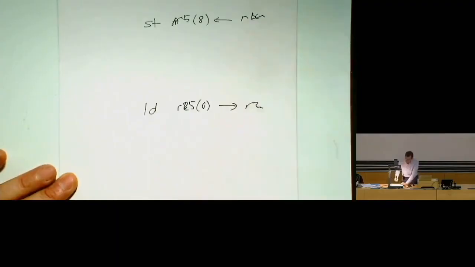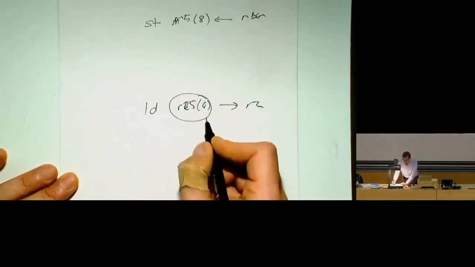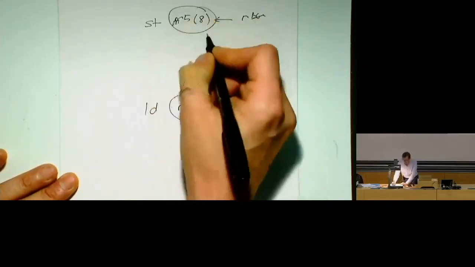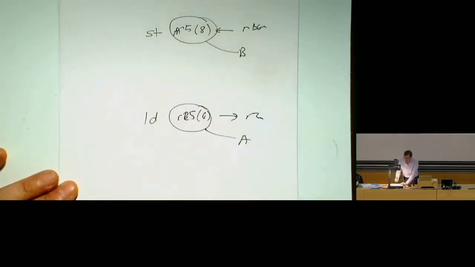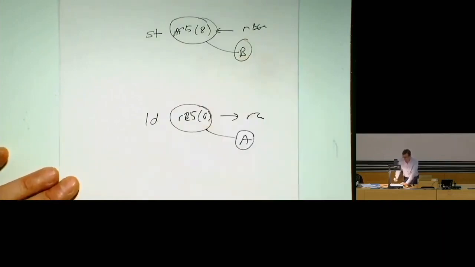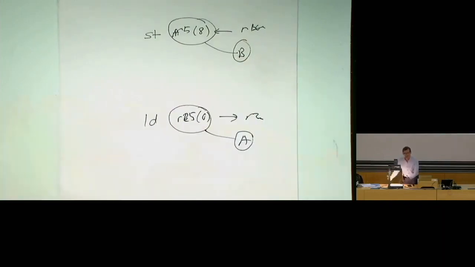It's not important. So the key question is, when this executes, it generates an address, A. When this executes, it generates an address, B. Is address A dependent on B? Well, if you knew addresses A and B, that's great. You could compare them.